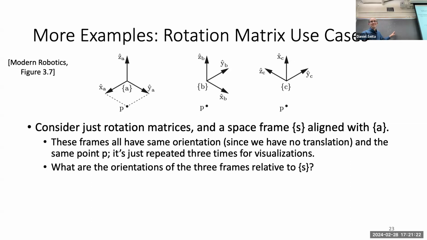Oh, sorry, I don't think that's correct. Can we do a redo? It should be 0, 1, 0 for the first column, and then -1, 0, 0. We just switched the two columns. And the last one is just 0, 0, 1.